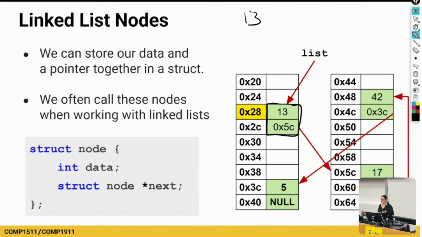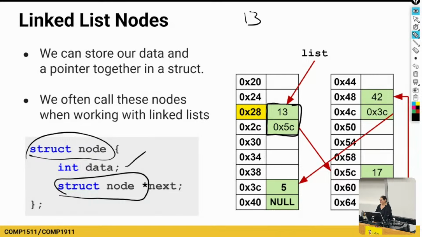Obviously, in the assignment and in other applications, you'll store whatever data you want in there, like songs or food, whatever data it is that you need to store. But we've got ints in here, so that's our data. But as well as the data, what every linked list node will have is the address of another node of the same type.